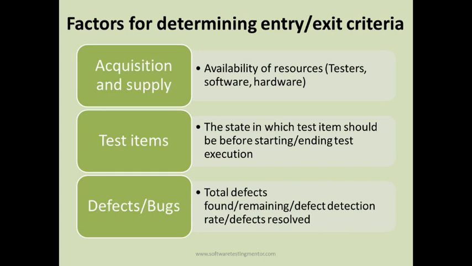For example, if you are doing functional testing and there are still 10 severity 1 defects that need to be fixed, you cannot exit the functional testing phase and enter into the system testing phase. So defects and bugs also determine the entry and exit criteria of the testing.